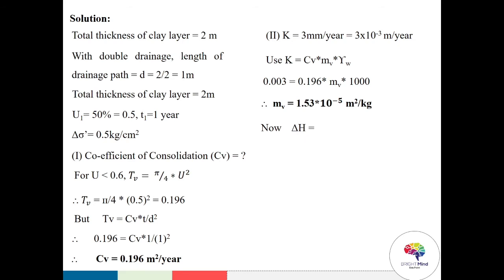The value of delta H, that is settlement, can be computed using the following expression, which is coefficient of volume change into delta sigma dash into the thickness of the clay layer. All these three values have been calculated and are available with us. So we'll substitute it. In place of MV, I'll substitute 1.53 into 10 raised to minus 5. Delta sigma dash is 49.05. The value was given in kg per centimeter square; if we convert it to kg per meter square, it comes out to be 49.05.